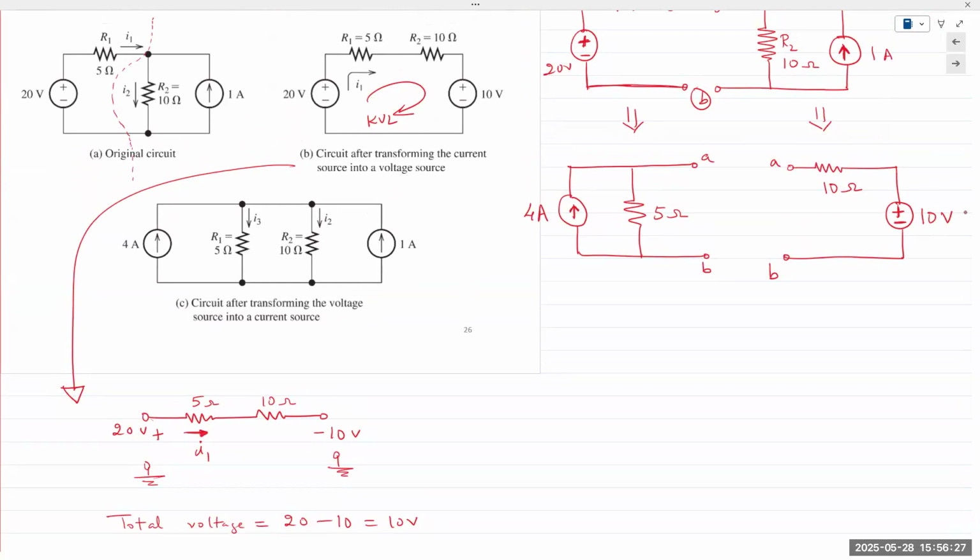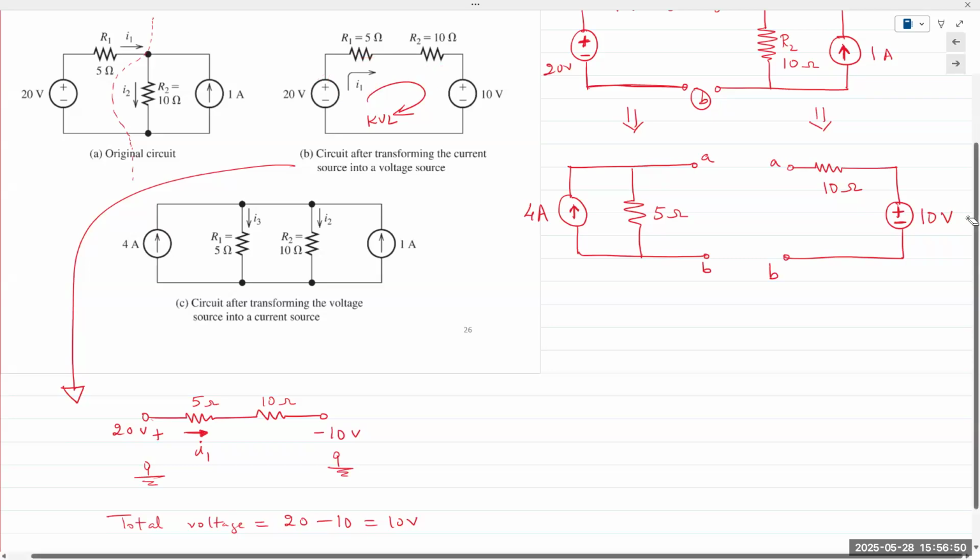What do you all think? 0.667. So again, you have two sources in the circuit, but source transformation makes it easier. Now, if you notice, I1 is still the current flowing through the 5 ohm resistor, but this current is not the same as I2. Because we transformed the right side, that current is not the same as I2.